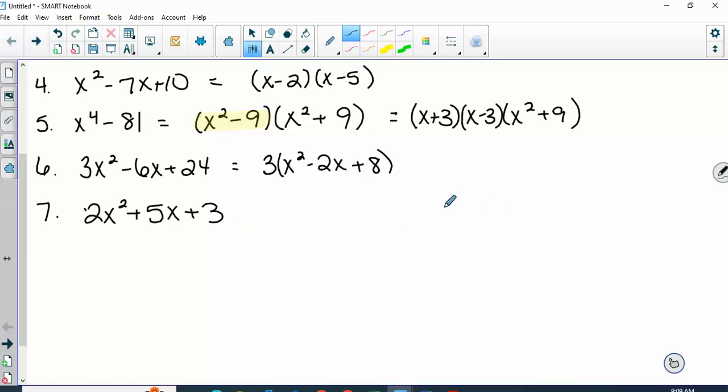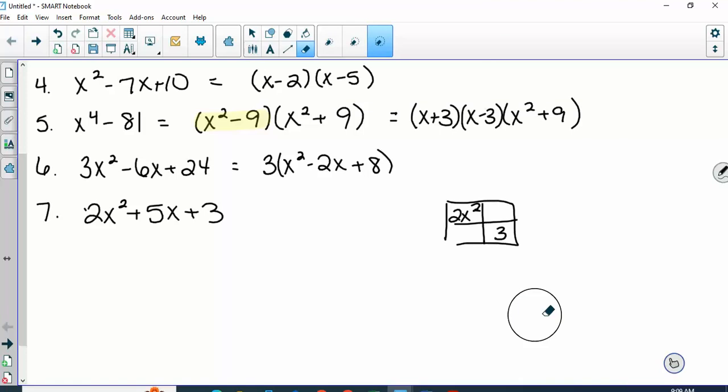Some of you have different methods, some of you learned box method. Anyone learned slip and slide? Okay. So we have both ways. You guys just have to tell me which way you want. That was a different method. So if you do box method, you set up like this.